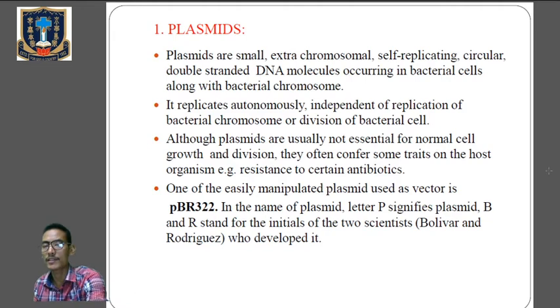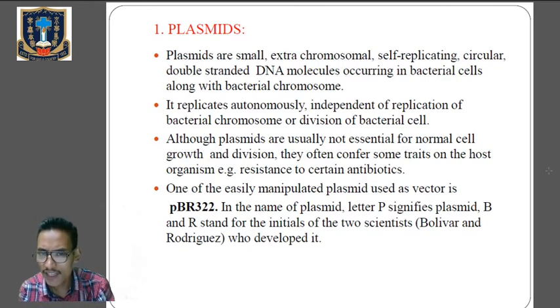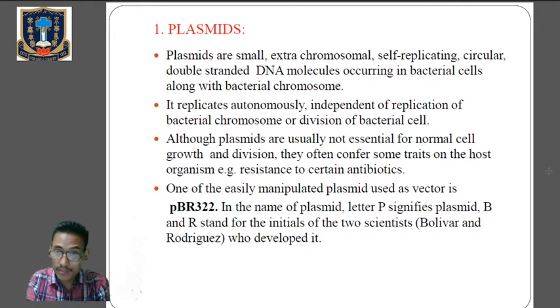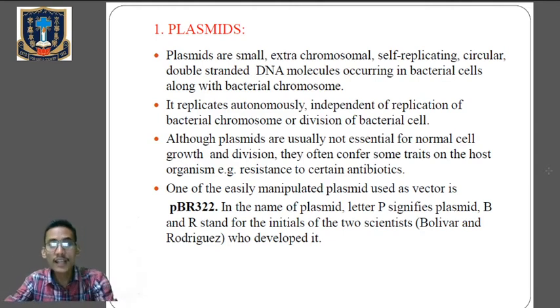Okay, so what are plasmids? So plasmids are small extra chromosomal self-replicating circular double-stranded DNA molecules occurring in bacterial cells along with the bacterial chromosomes.